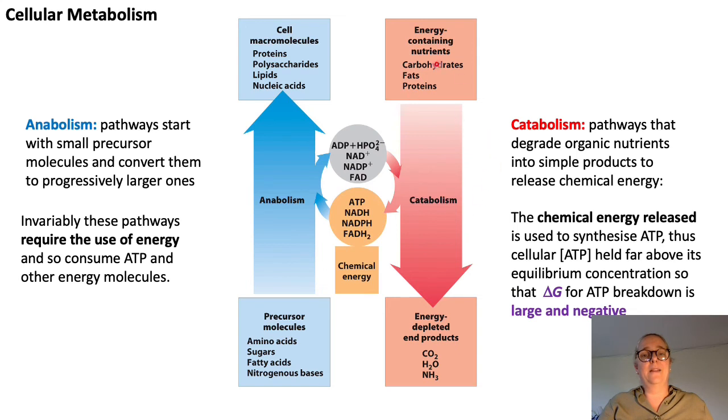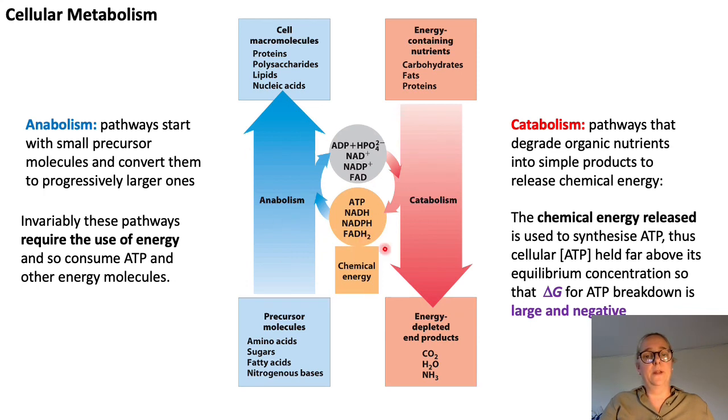And there's a degradation of these organic molecules, which then releases energy. That energy can be released as ATP, NADH, NADPH, and FADH2. These are our chemical energy stores. And these chemical energy stores are then used to produce our macromolecules.